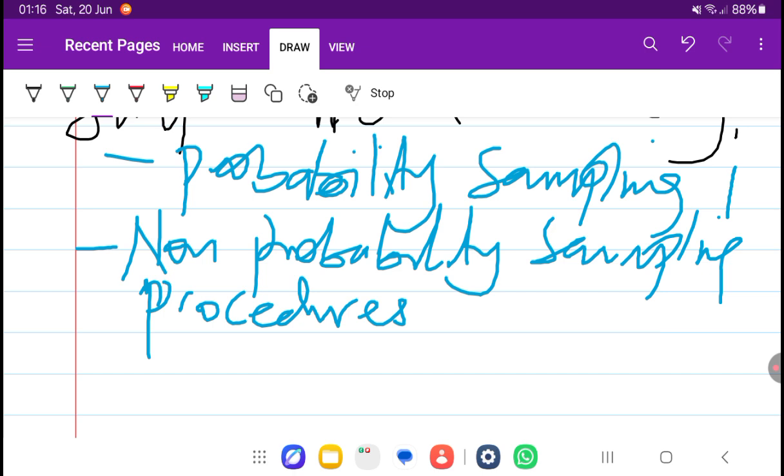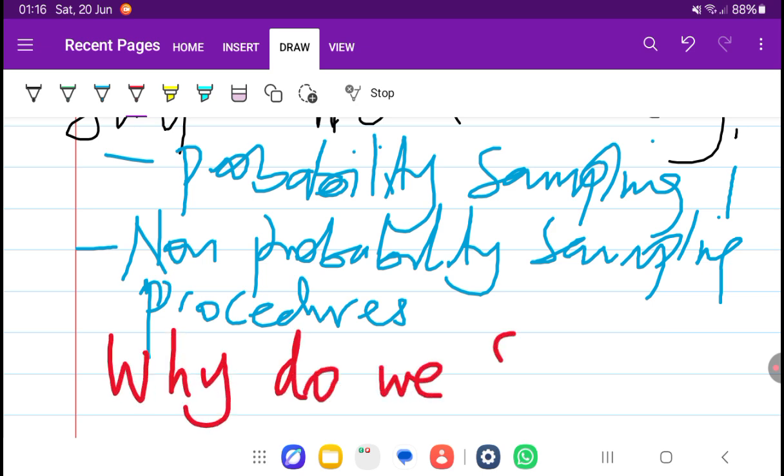So why do we need samples, or why do we do sampling? Why do we sample our population, or what are the advantages of using a sample over the entire population?